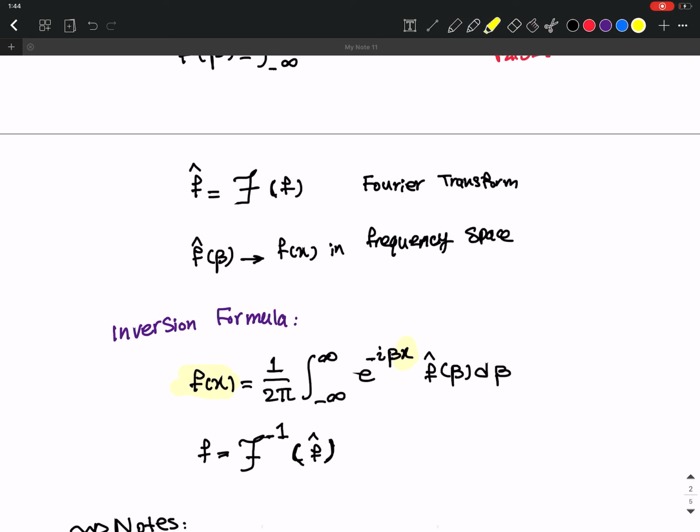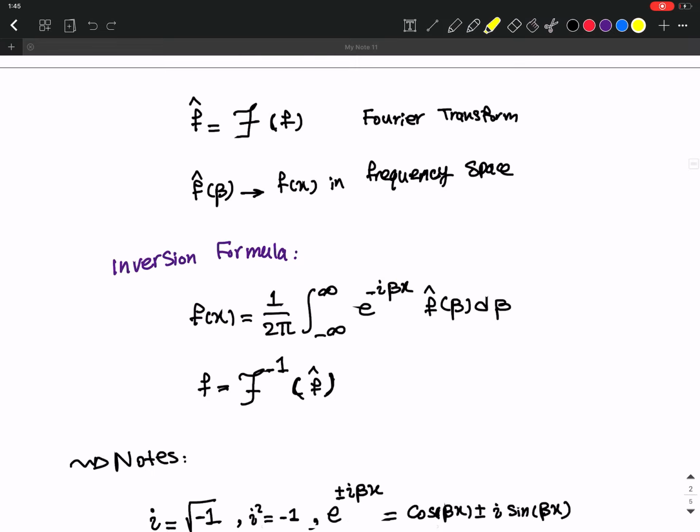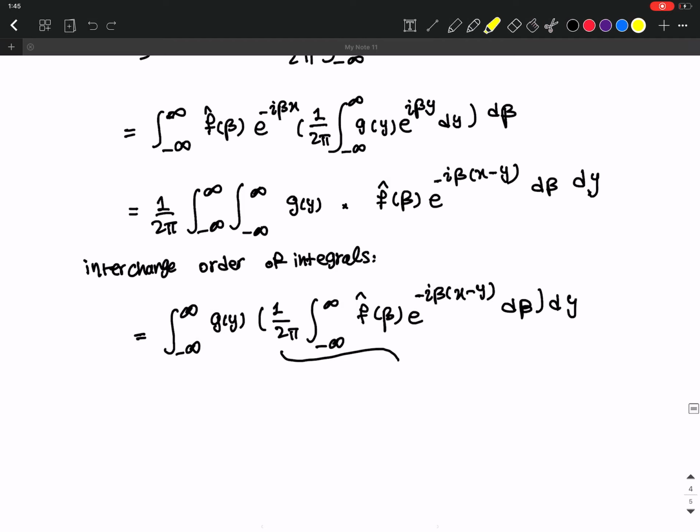So anything in place of x is going to get me f(x). So for example, if you have y here, if you have e to the minus i beta y, you're going to get f(y), right? And this is just an inversion formula. So we have the same thing here. This is just the inversion formula.